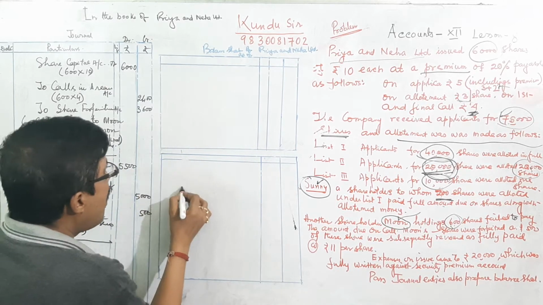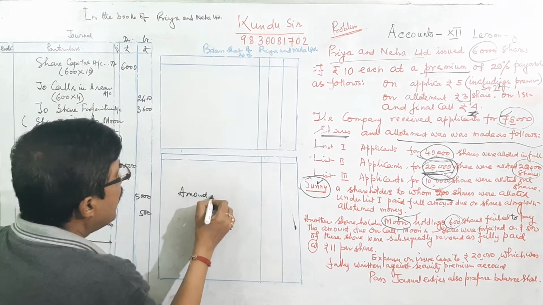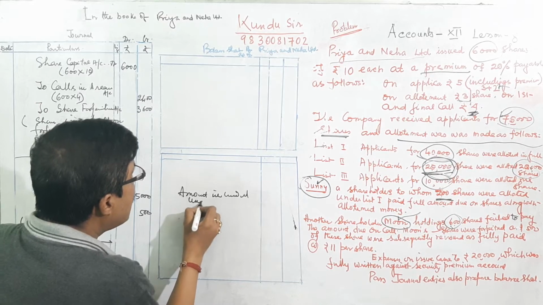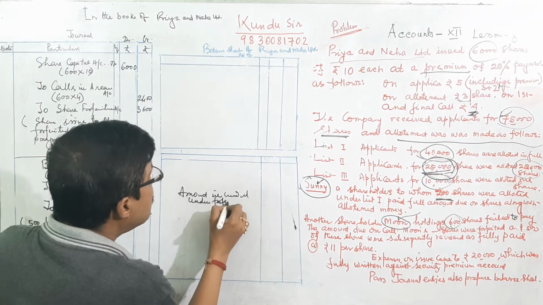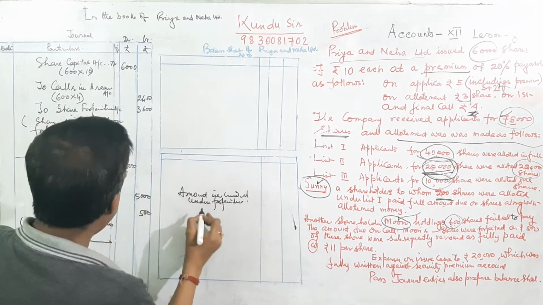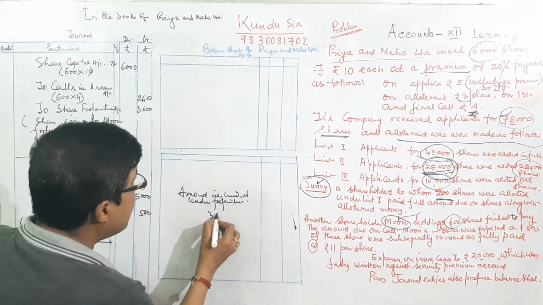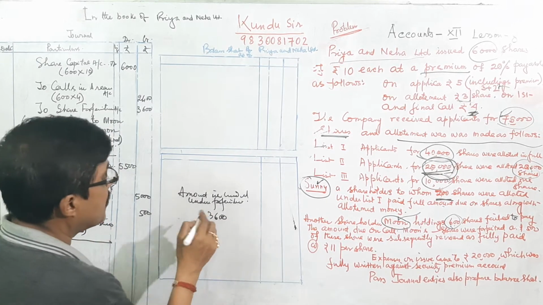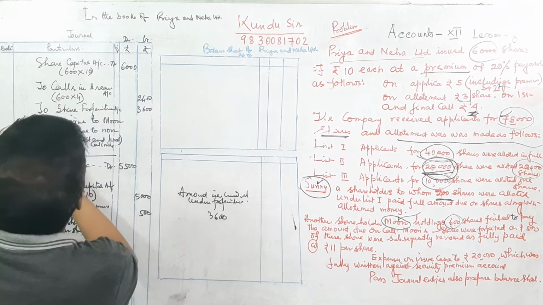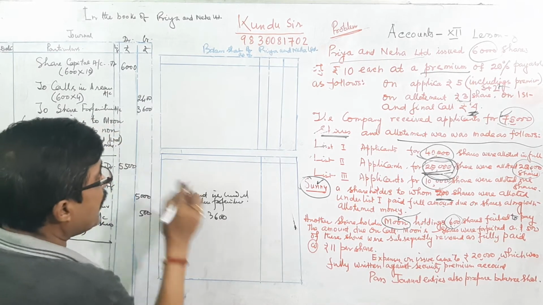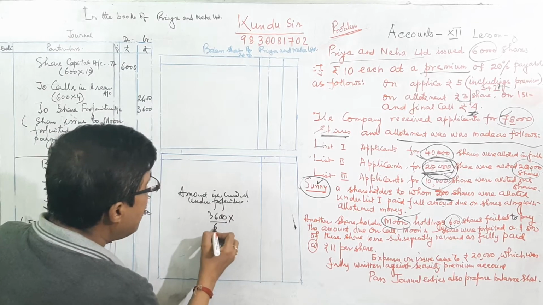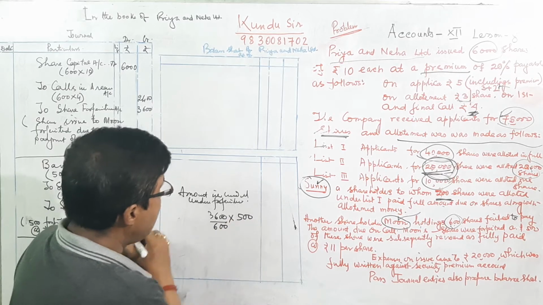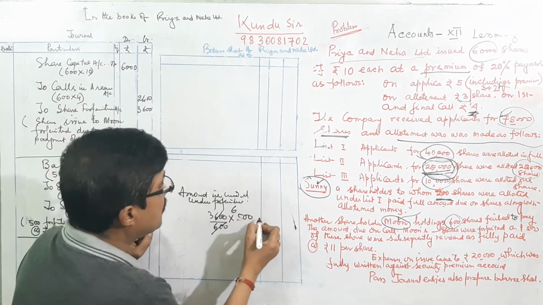That means the amount in credit under the share forfeiture account. How much? 3,600. For how many shares? In the share forfeiture account, we divide by 600 multiplied by 500.